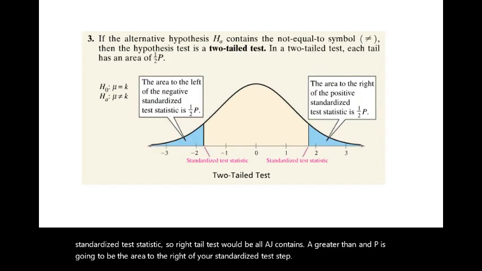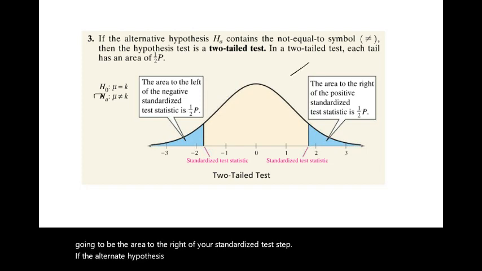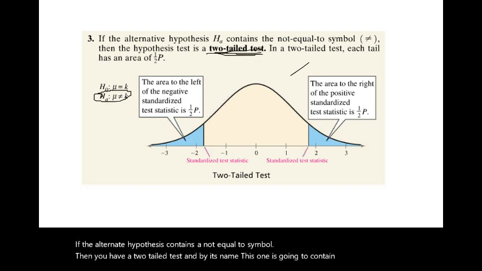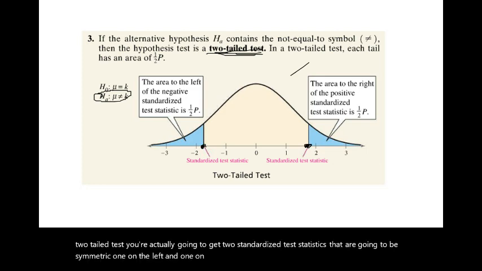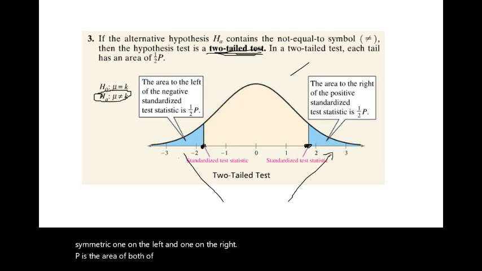If the alternate hypothesis contains a not equal to symbol, then you have a two-tail test. And by its name, this one is going to contain 2 tails. So in a two-tail test, you're actually going to get 2 standardized test statistics that are going to be symmetric, one on the left and one on the right. P is the area of both of these tails put together.